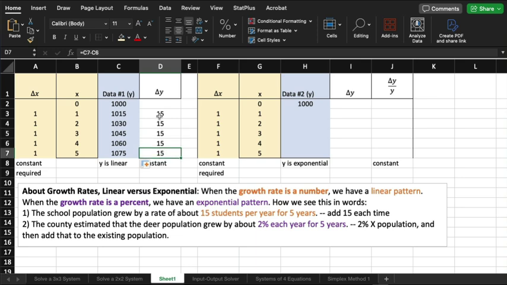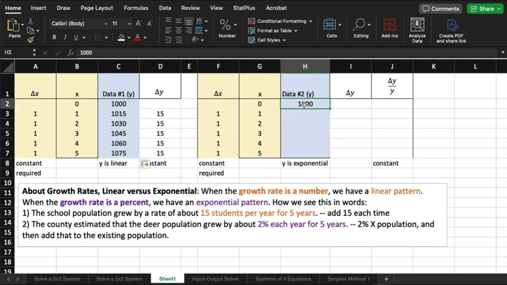So delta Y is actually showing you your growth rate. That's the slope of our linear model. So delta Y is a constant, and delta X is a constant, which tells us that the Y values are linear over X over time.